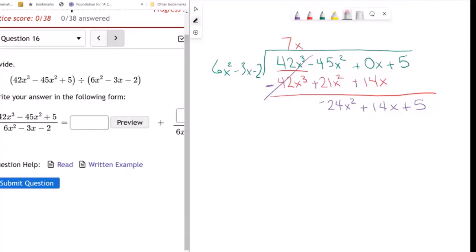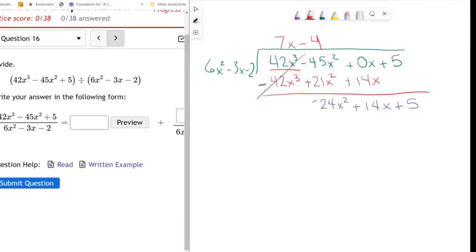Now I have minus 24x squared divided by 6x squared. That gives me minus 4. And then I multiply minus 4 times 6x squared minus 3x minus 2. And I get minus 4 times 6 is minus 24x squared. Minus 4 times minus 3 is plus 12, and then times x.